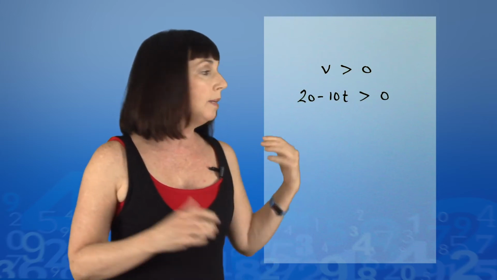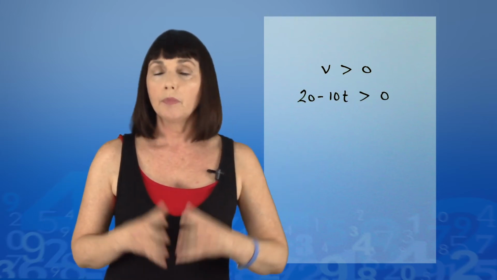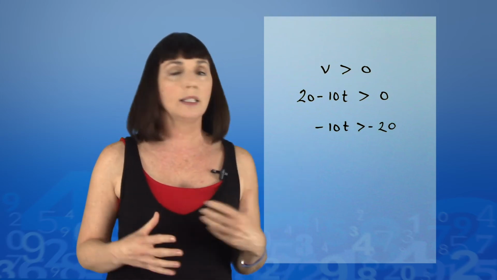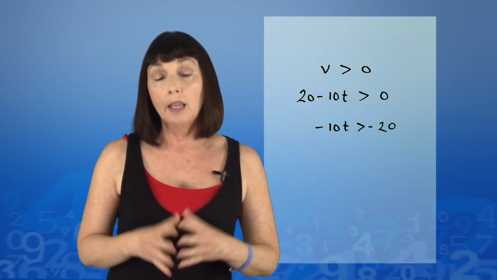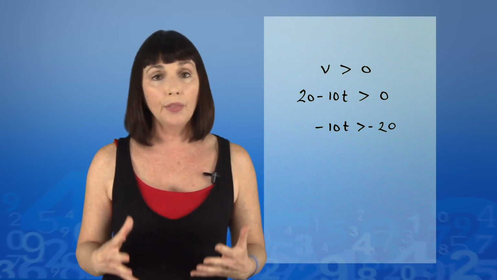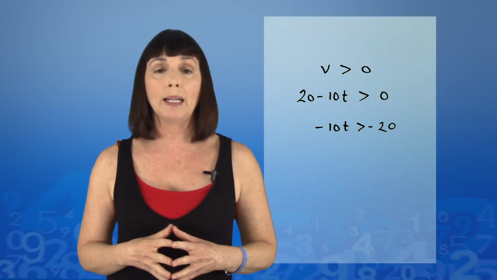Now plugging in our equation for v that was given in the problem, we get 20 minus 10t is greater than 0. Okay, I'm going to subtract 20 from both sides, so I get negative 10t is greater than negative 20. Now, I'm going to multiply both sides of this inequality by negative 1/10 to get rid of that negative 10 in front of my t.